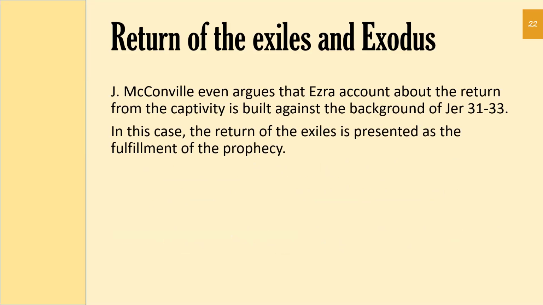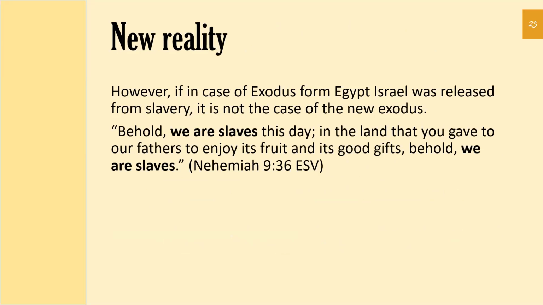So in this case, the return of the exiles could be presented as the fulfillment of the prophecy. So the prophecy is fulfilled. That is why they came back. And also there are some similarities with the book of Isaiah as well.